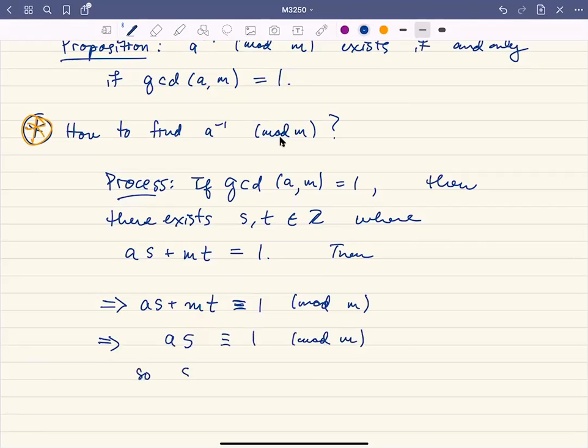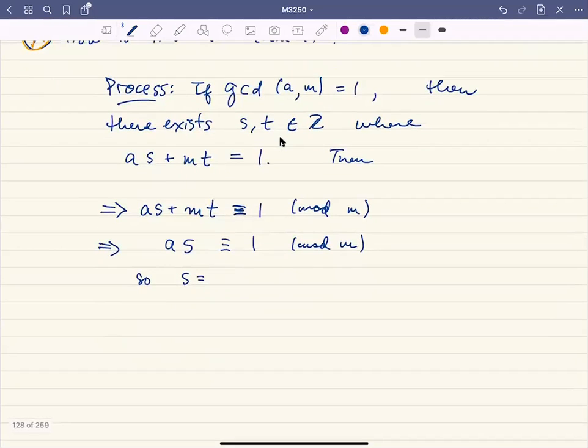So in other words, this number s, that Bézout coefficient that we found before, is exactly what we were looking for. That's the multiplicative inverse of A mod m. So s is congruent to A inverse. This notation doesn't really mean anything other than inverse. It's borrowed from elementary algebra.